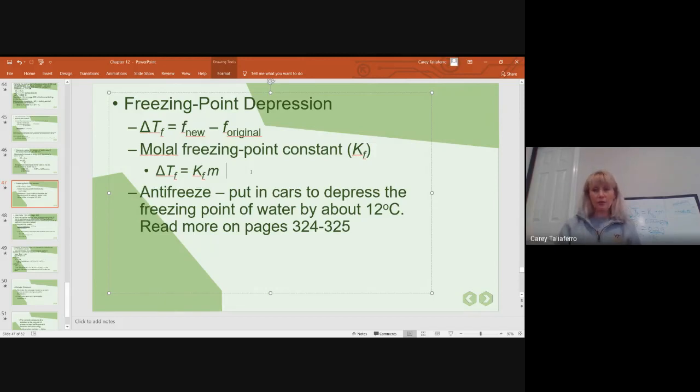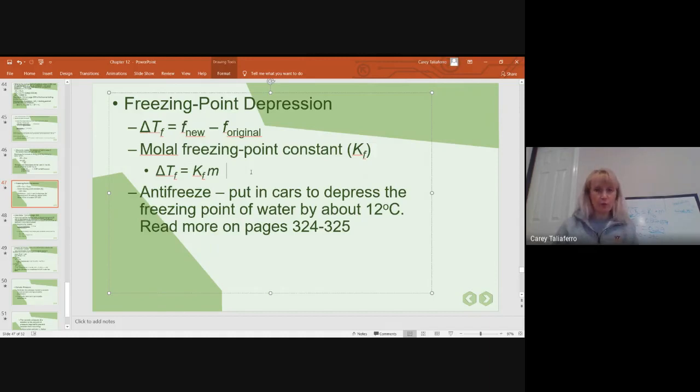Now, I'll tell you, they use a couple types of salt generally when they put salts on the road. I want you to think about why based on our boiling point elevation discussion. They use calcium chloride and sodium chloride, both.